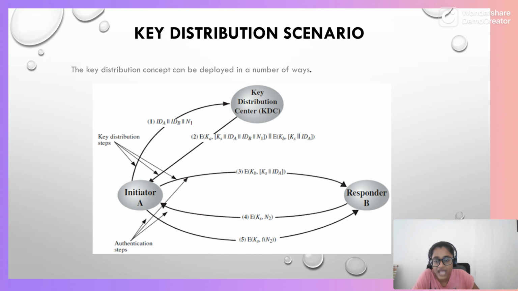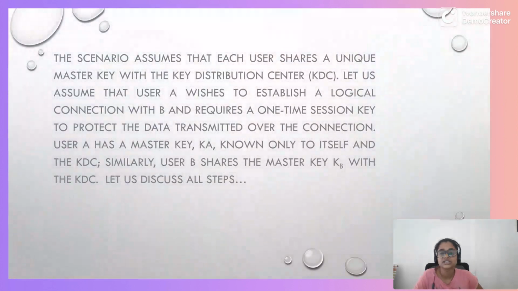And then we even have the authentication steps. So we have five different methods, you can say. So there are five different scenarios that can take place during this key distribution method, right? So let's just get into these five scenarios in detail.